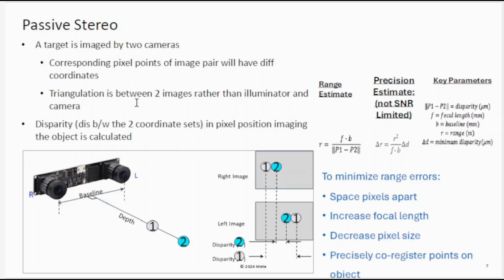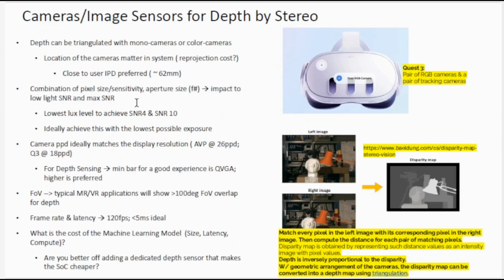Now, there are obviously problems with passive stereo, and let's go into what this means for the actual camera or the image sensors themselves. I'll take the example of the Quest 3 here. You've got two cameras that are spaced at the IPD, about 62 millimeters, slightly different, there's a range there.